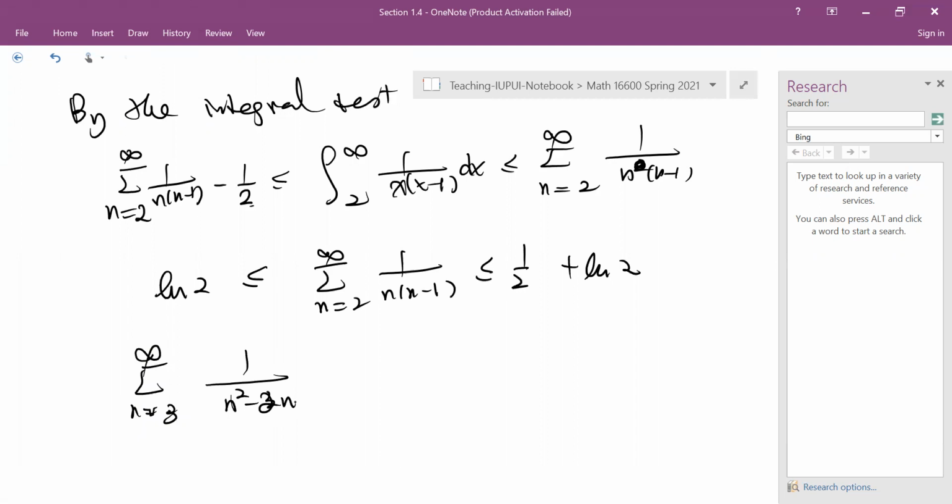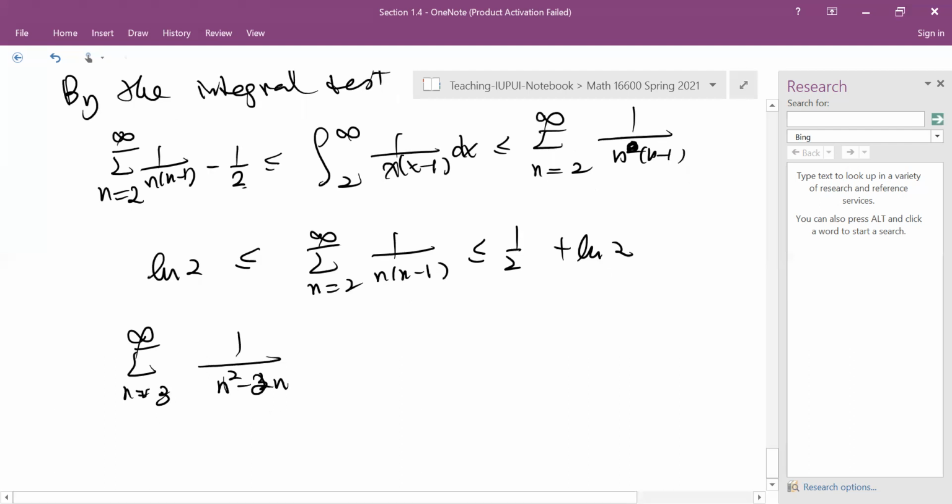You probably can use a comparison test, but you cannot find the limit using partial sums.